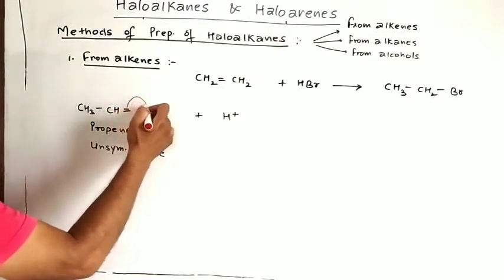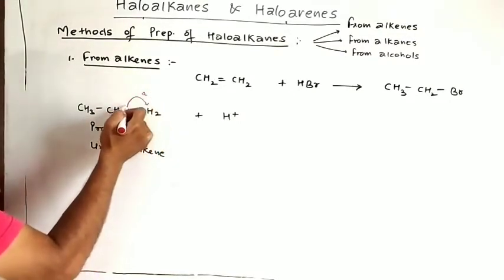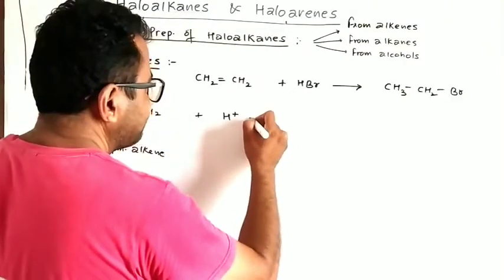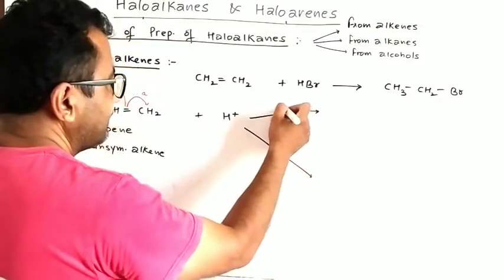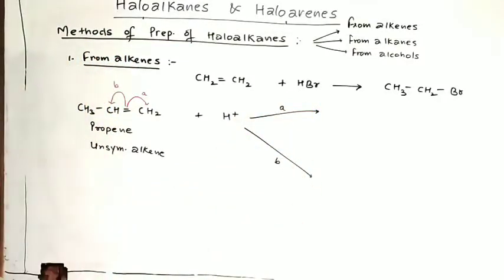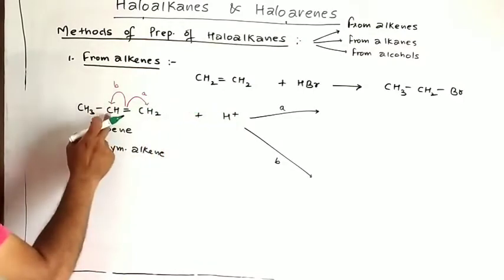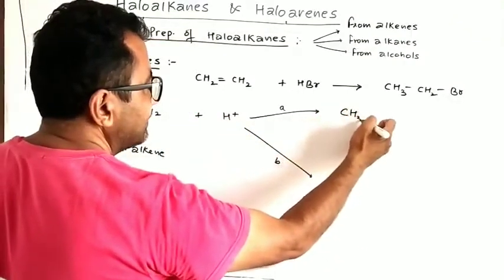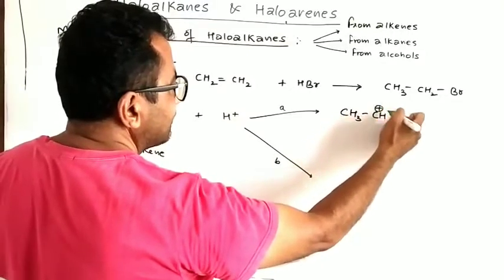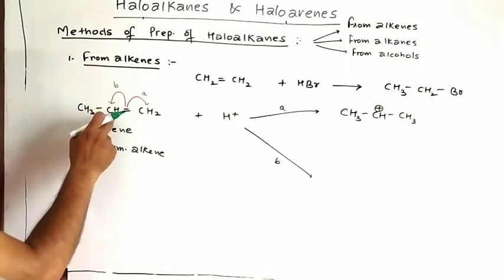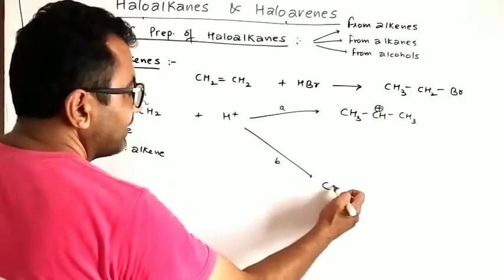Either this bond shifts in this direction, say A, or it moves in this direction, say B. If it moves toward A or B, two different carbocations are produced. If it goes toward A, then the negative charge comes here, it attacks H+, and the positive charge comes on the center carbon: CH3CH+CH3. If the pi bond goes toward B, then H attaches here and the positive charge comes on the end carbon.